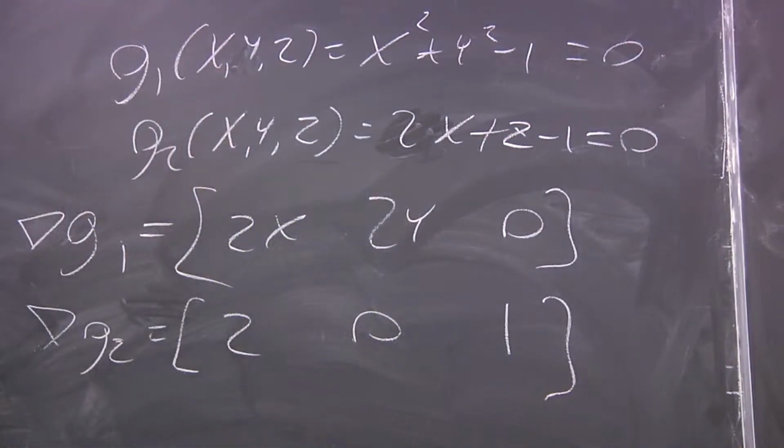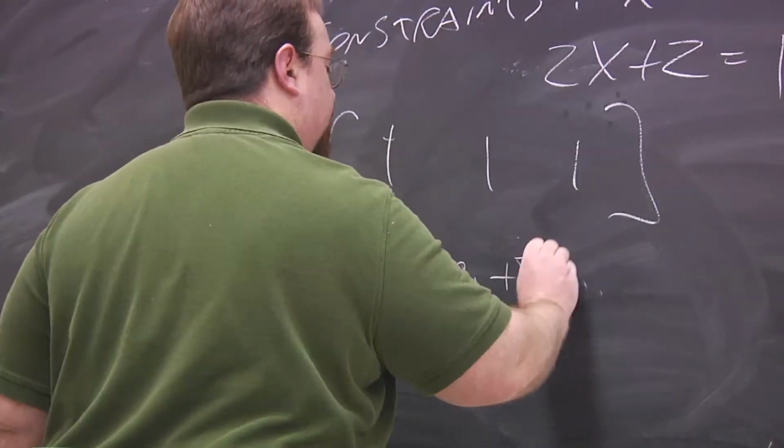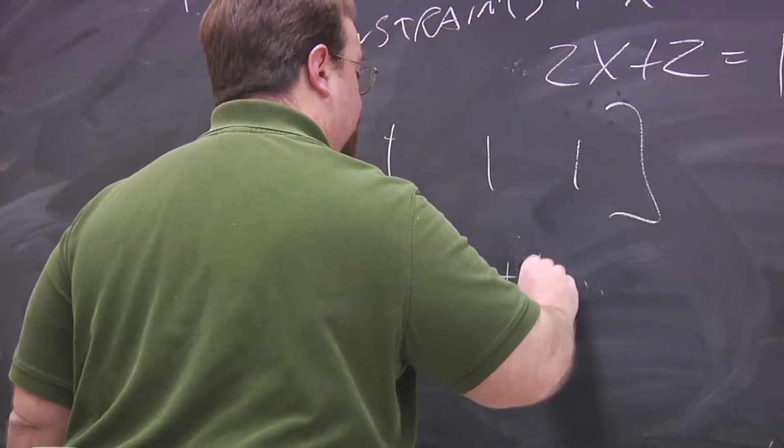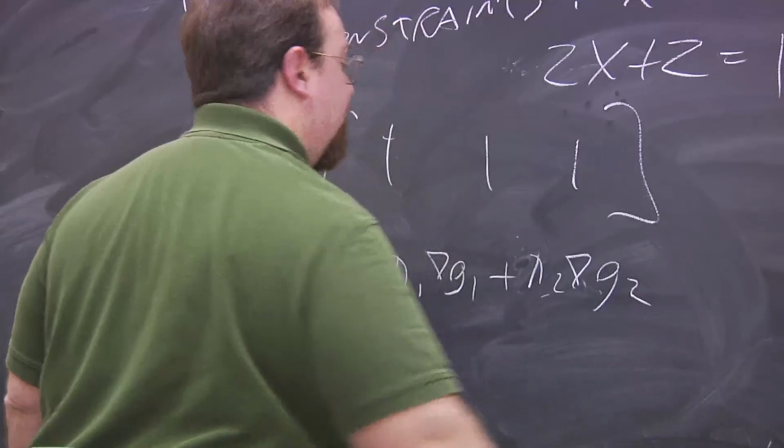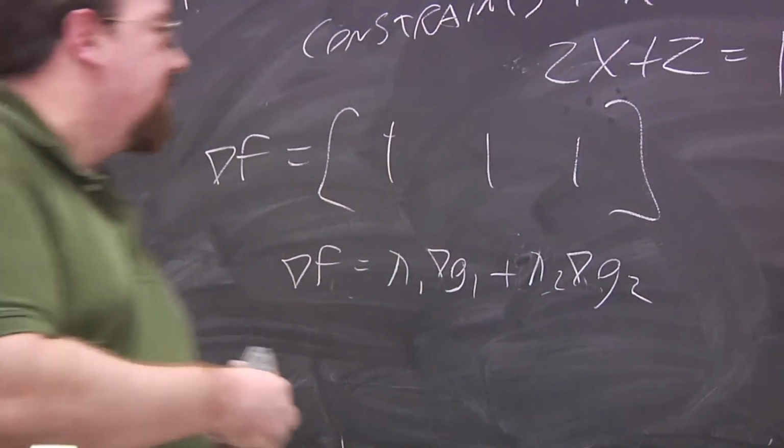Now we need the gradient of f to be lambda 1 gradient of g1 plus lambda 2 gradient of g2. This gives us the following system of equations.